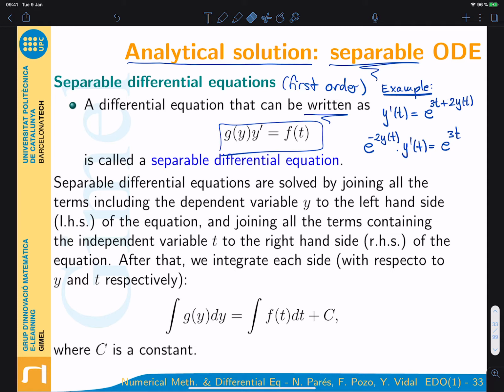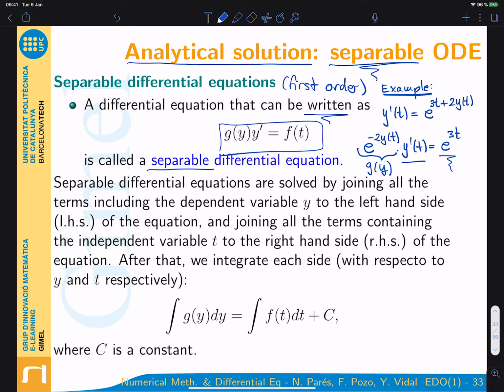Okay. So this function here only depends on y, which is multiplying y prime of t, and everything in the right hand side only depends on the independent variable t. So that's why we say it is separable.